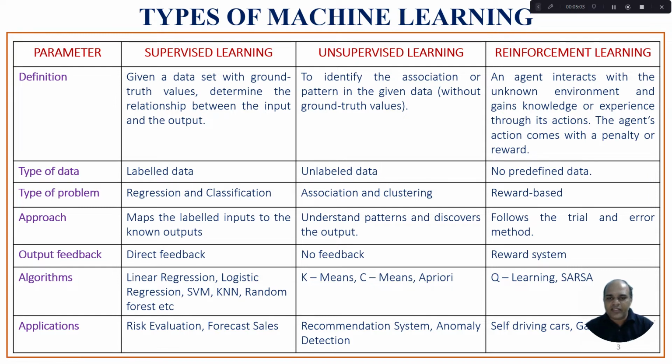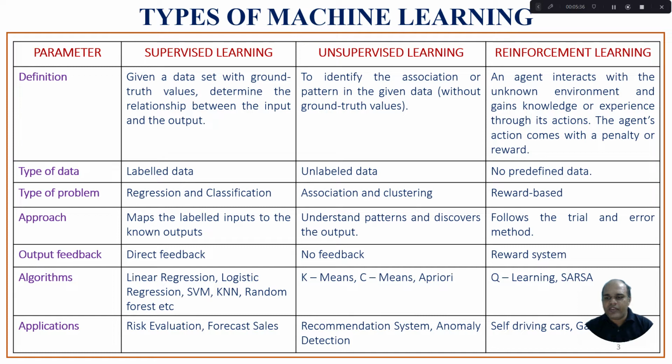If the decision is right, if the action is correct, then it will be given a reward. If the action is wrong, or it is not helping the agent go toward its destination or final goal, then it will be given a penalty. The main aim of reinforcement learning is to maximize the reward. We should find the sequence of actions that will result in the agent reaching the final goal.